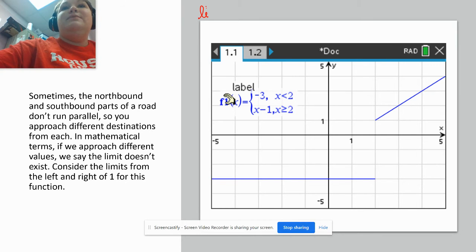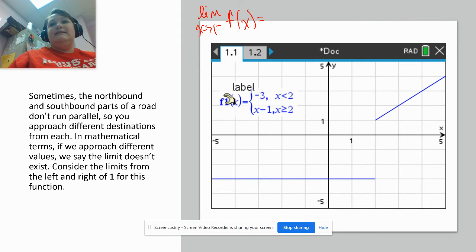So we're going to start with the limit as x approaches 1 from the left. And let's say, by the way, there's an open circle here and a closed one here. Okay, who's going to be driving this time? My sister-in-law. We're going to put her on a nice flat road.